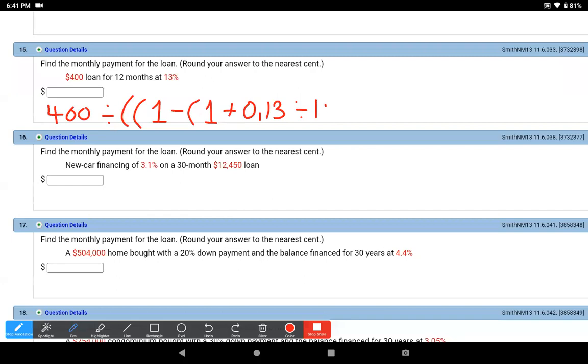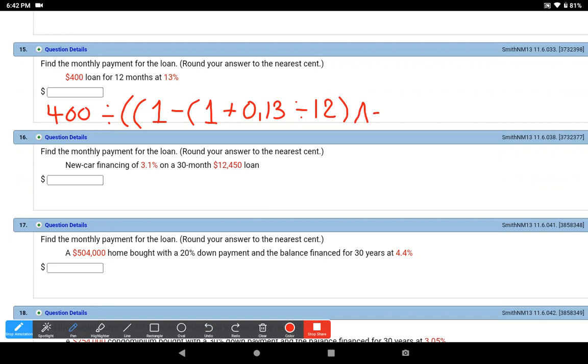So this is monthly. Raised to the t equals 1, right? Because 12 months. N times t is 12, but it's a negative exponent, right? I was doing the calculator style, so let me backtrack.